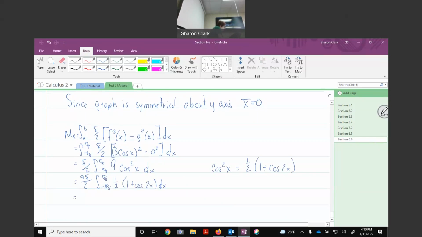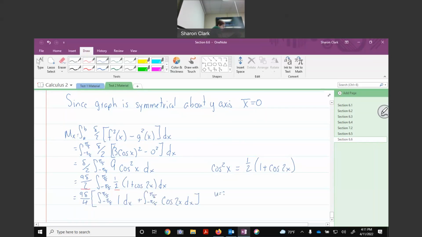So that's going to be 9 delta over 4, because we're going to put this 2 and this 2 together, times the integral from negative pi over 5 to pi over 5 of 1 dx, plus the integral from negative pi over 5 to pi over 5 of cosine 2x dx.